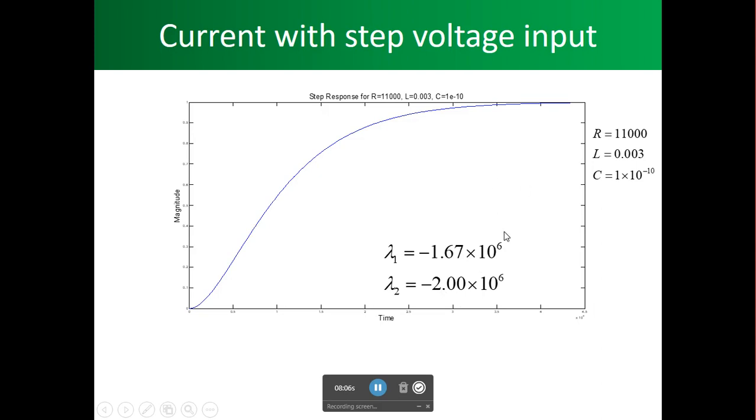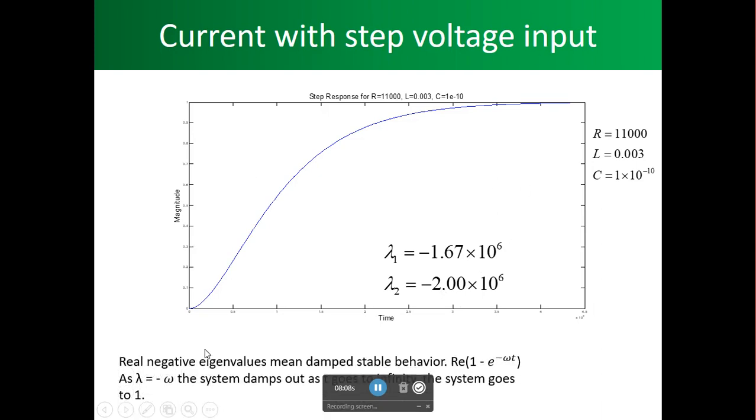So what actually happens? When we have real negative eigenvalues, this means that the damping becomes stable. So we see it becoming stable, and it's a stable behavior.